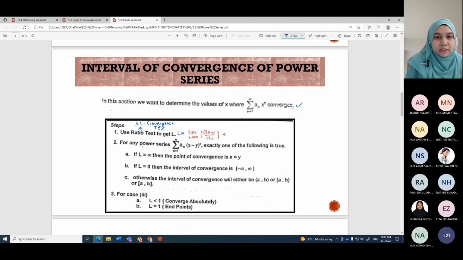Ini daripada ratio test. Kita perlu ikut formula ni untuk cari L.